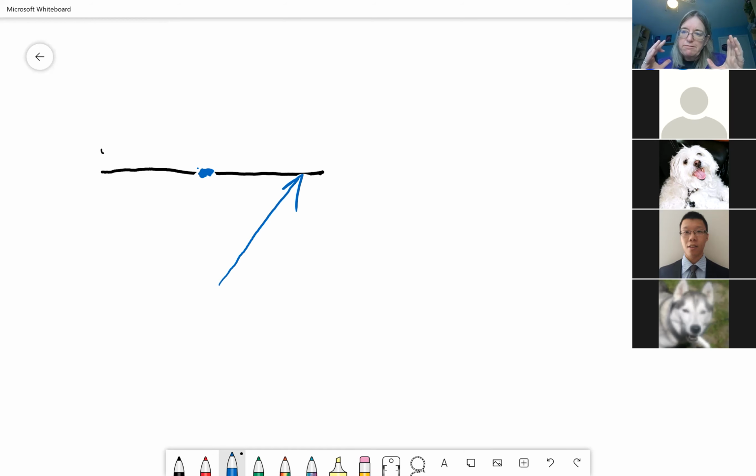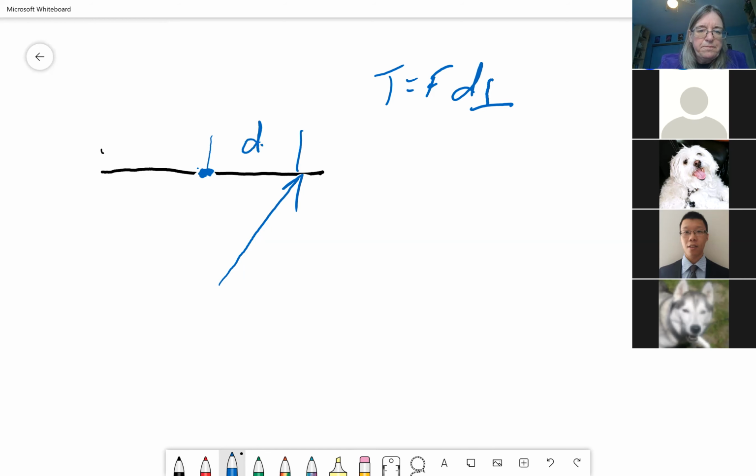And a torque is a force times the moment arm. Well, the force is going to be obviously this, whatever the magnitude of this is. But then we have to multiply it, of course, so the torque equals the force times the moment arm. And I'm pushing out here, so I'm pushing this distance here.